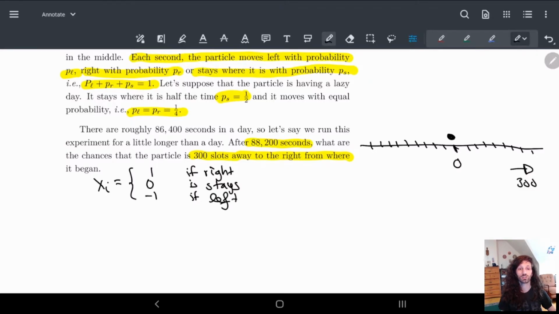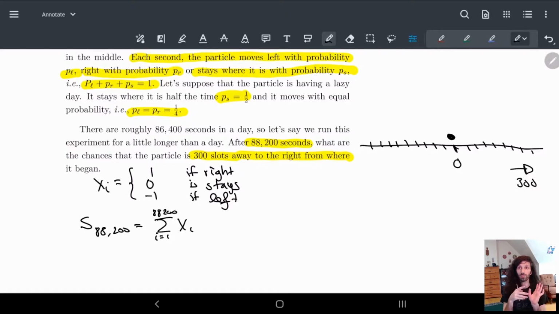And the reason we're going to do this is because now if I sum these up, S of 88,200, which is just the sum of the X_i, is going to tell me how far right or left I've moved, right?